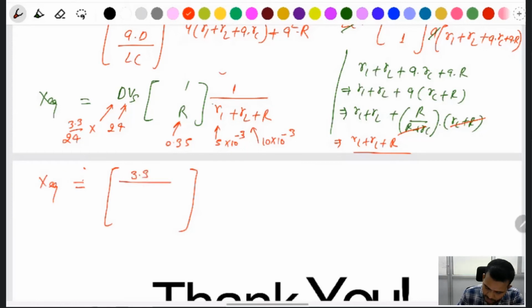Multiply by here only 3.3 here, divided by 5 plus 10 is 15 milliohm plus 0.35, and here 0.35 divided by into 3.3.